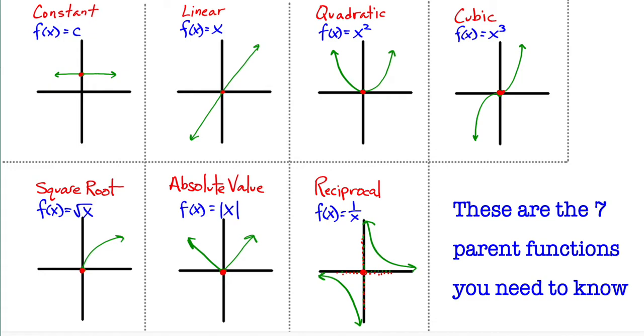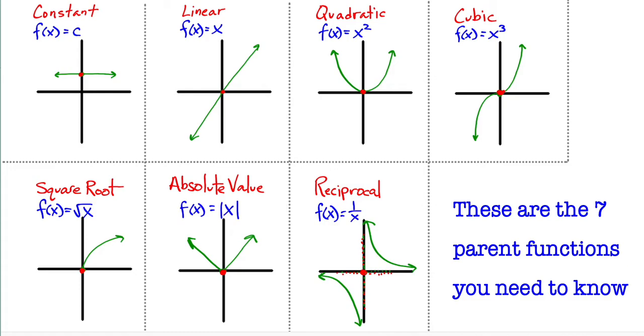Square root has a square root symbol. Absolute value is just the absolute value symbol, and then reciprocal is just being divided by x. So these are called the parent functions because they're the most basic versions of the different, I shouldn't say shapes, but I mean that's basically what happens.